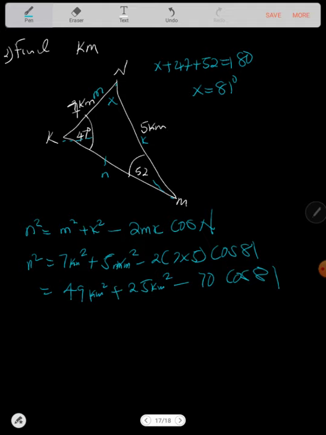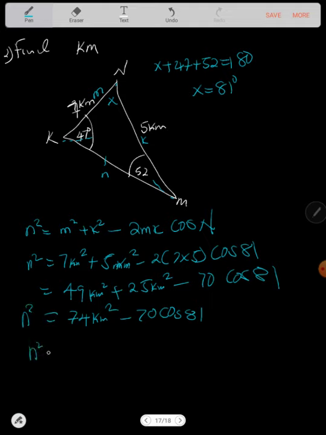Therefore, 49 plus 25, you get 74 kilometers squared minus 70 cos 81. Therefore, this is n squared, by the way.